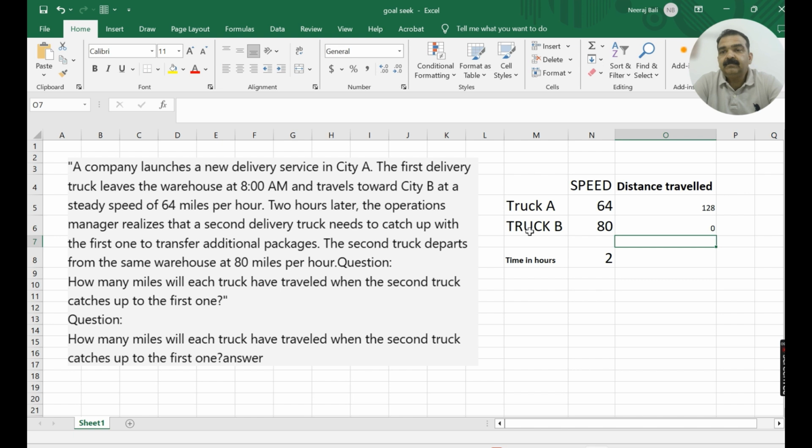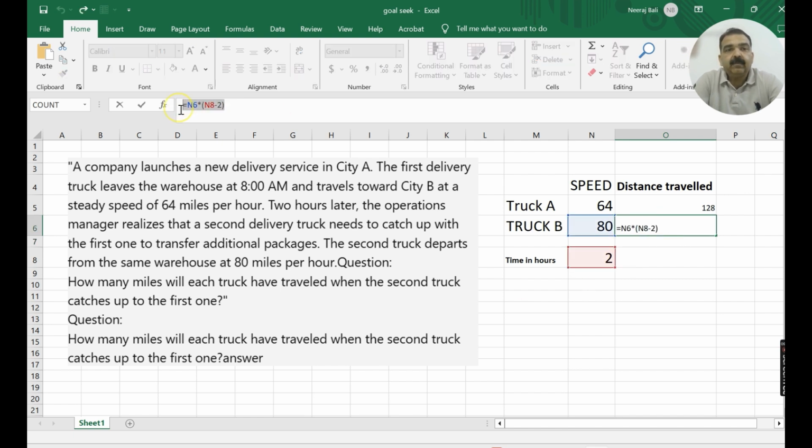And then we press enter. 0 has come, but by formula. This is the formula.